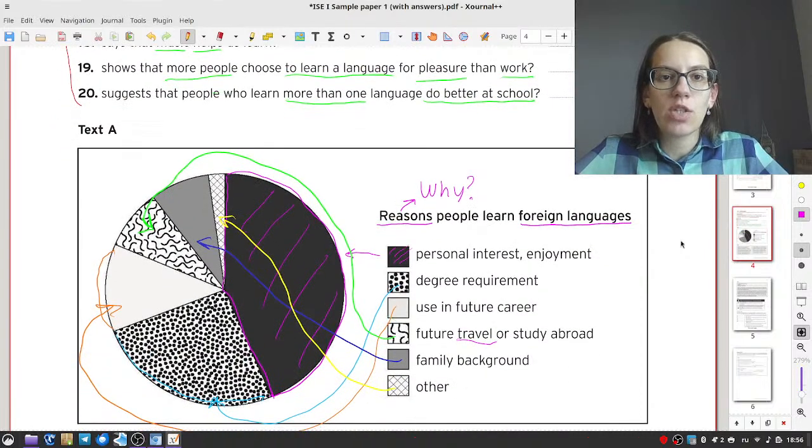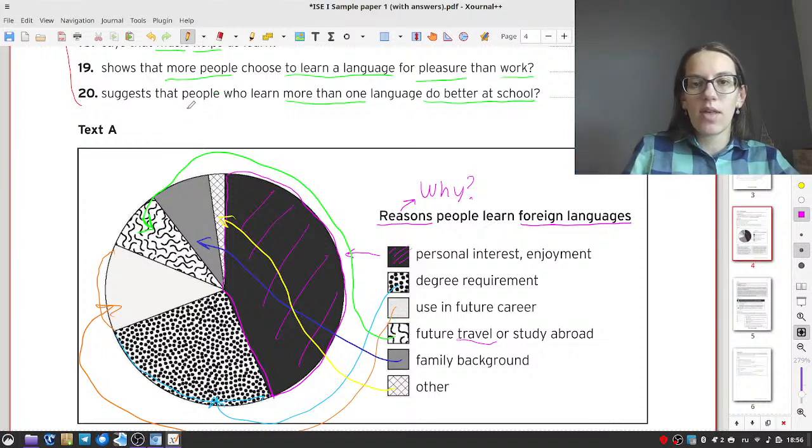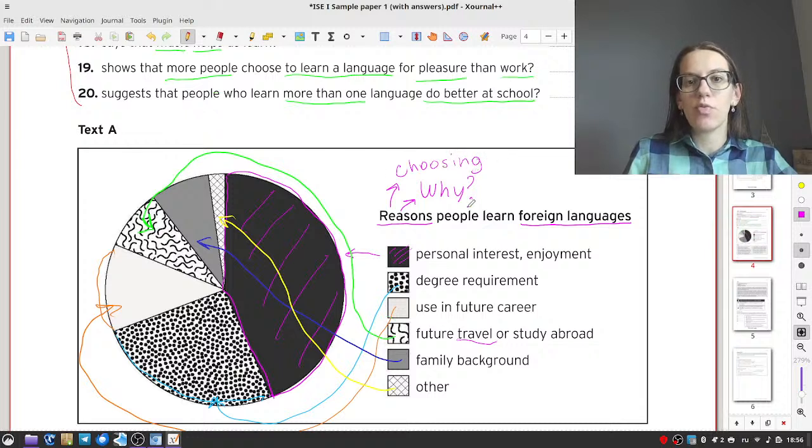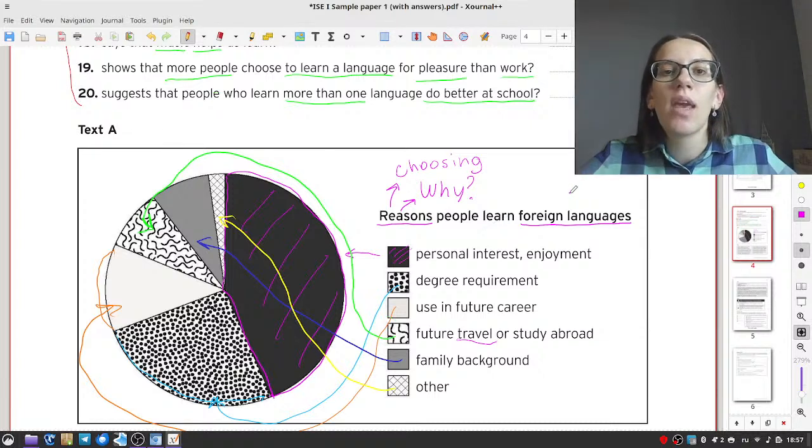So, choosing to learn a language for different reasons, for pleasure or for work. Choosing, yeah, that's the same as reasons. We can say that someone's choice to learn a language is the reason why they learn it.